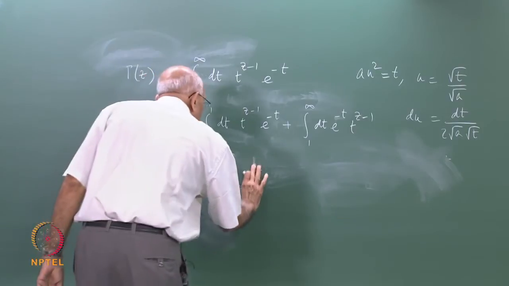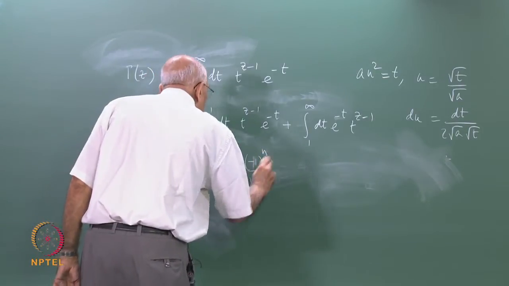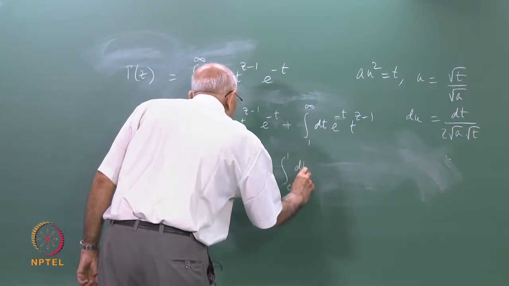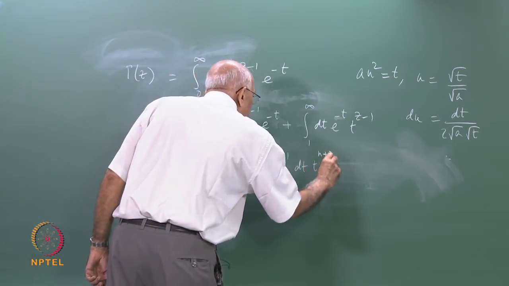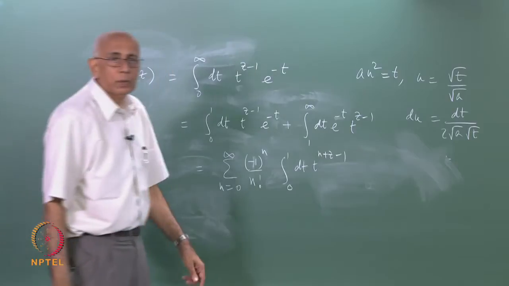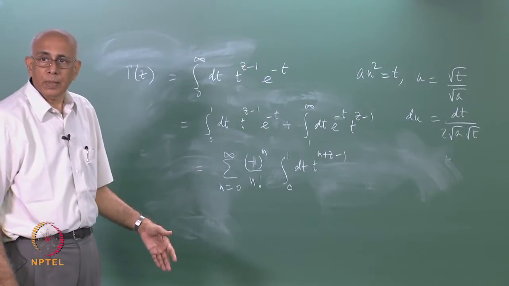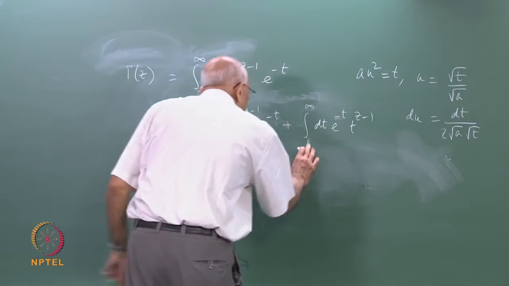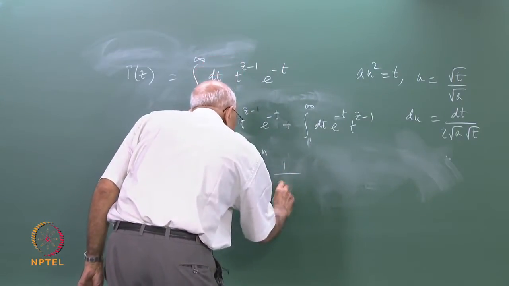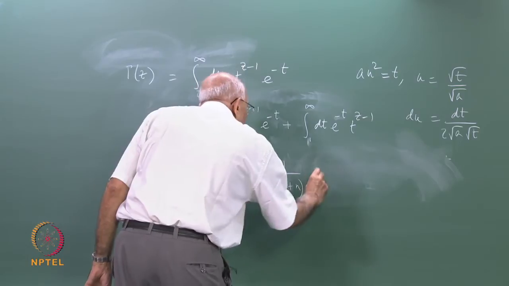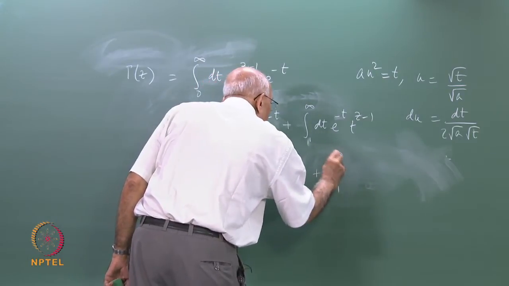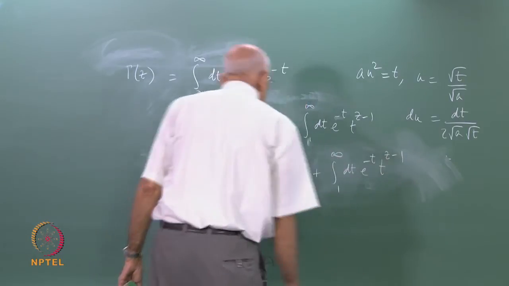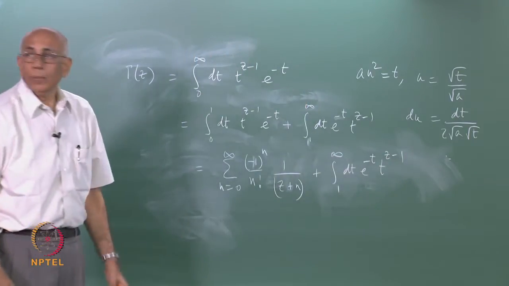So there is a minus 1 to the power n here, and an integral from 0 to 1 dt t to the power n plus z minus 1, which of course gives me a 1 over z plus n, and that is it. Plus a portion which is 1 to infinity dt e to the minus t t to the z minus 1. So we have what we want.